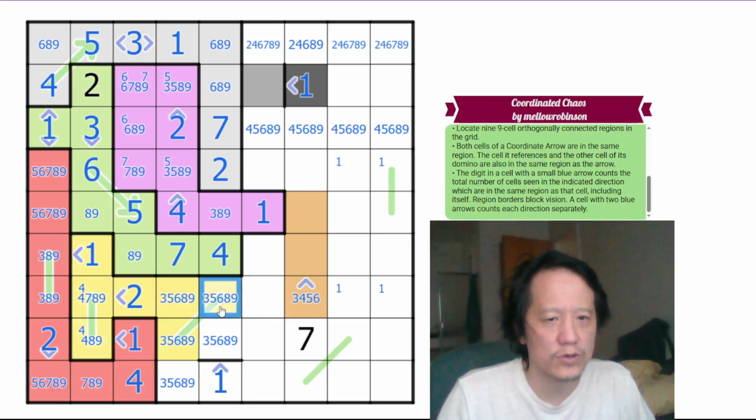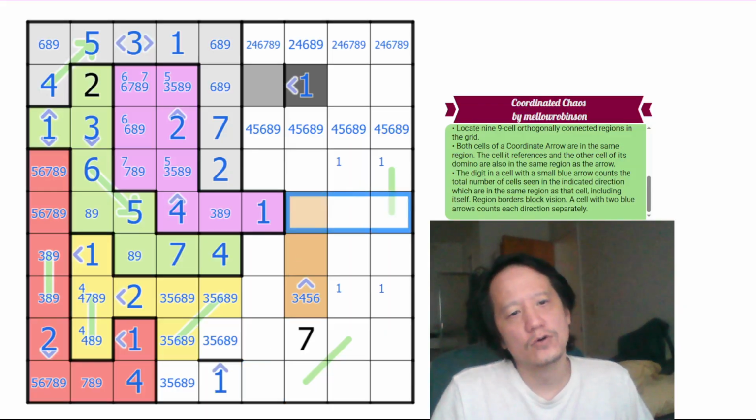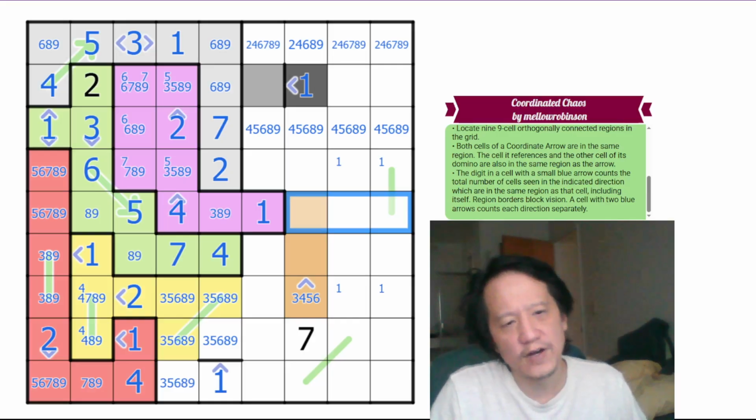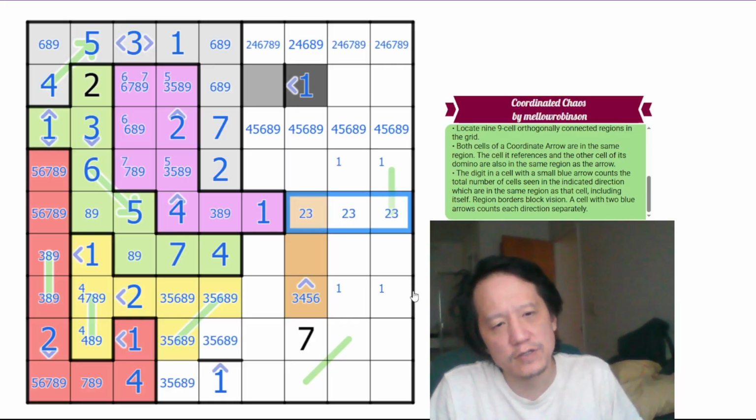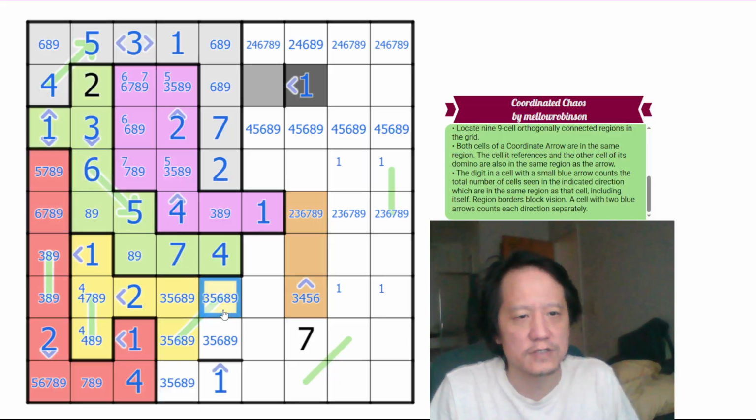So 4. The rest of row 5 has to be 2, 3, 6, 7, 8, 9. This 5 eliminates 5 here. This 6 eliminates 6 here.